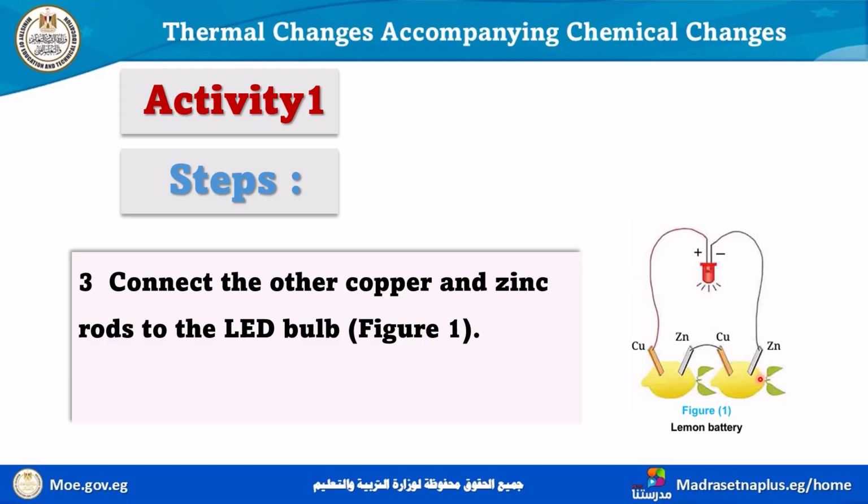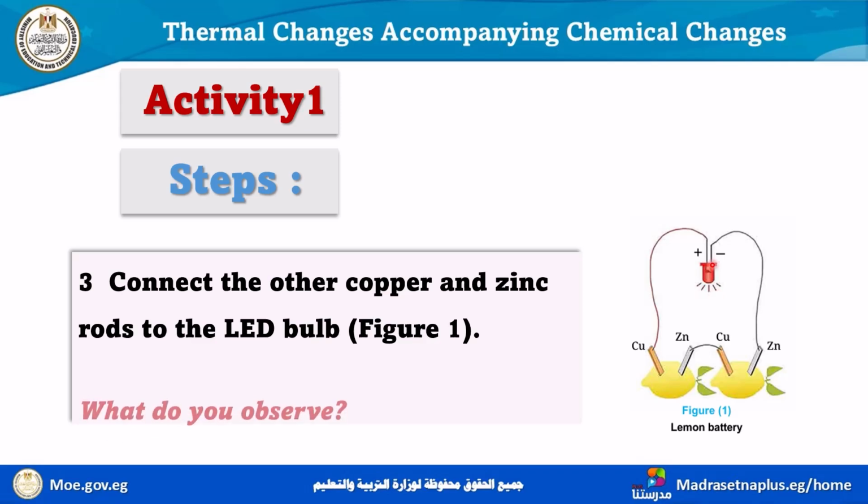So we will connect first the copper rod of the first lemon to the zinc rod of the second lemon. Then we will connect the zinc rod of the first lemon to the LED bulb, and we will connect the copper rod of the second lemon to the LED bulb.